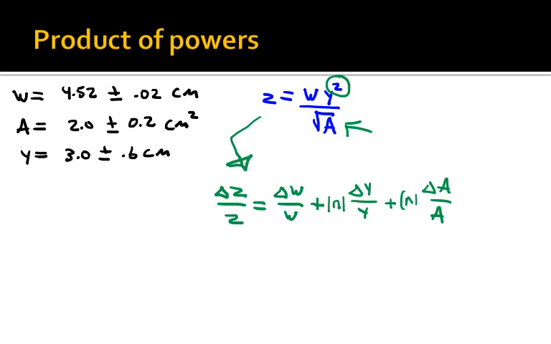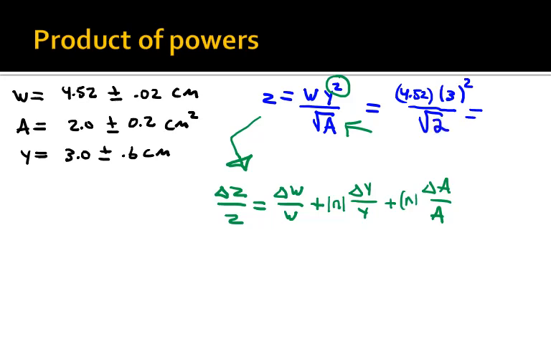So when we calculate this, we have 4.52 times 3 squared over the square root of 2.